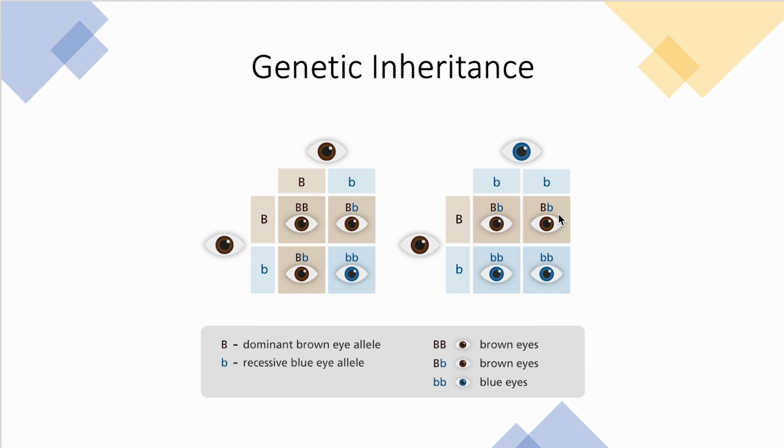Genotypically speaking, notice that we have 50% heterozygous and 50% homozygous. Phenotypically speaking, the trait that manifests, 50% will have brown eyes because they have the dominant variant, and 50% will have blue eyes because they are homozygous recessive.